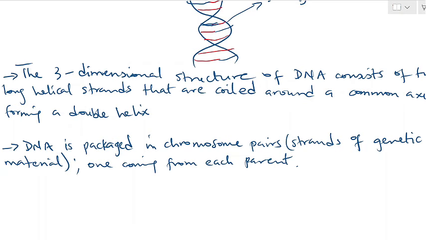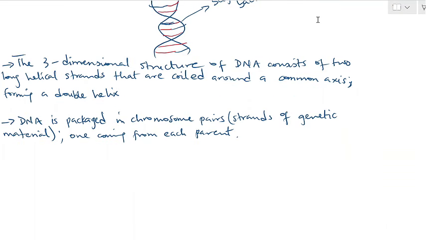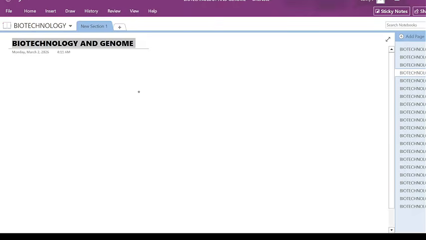Alright, so we now go ahead to look at how this DNA is packaged in chromosomes. So you have chromosome strands, and we could see that in the next page, that has the gene segments, and the gene is called this way.